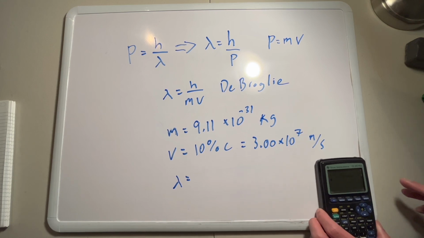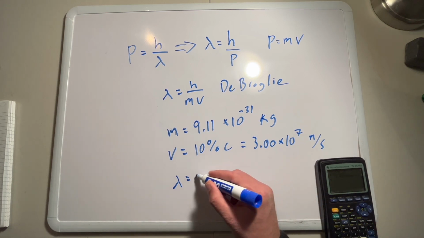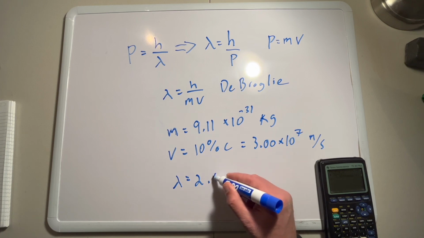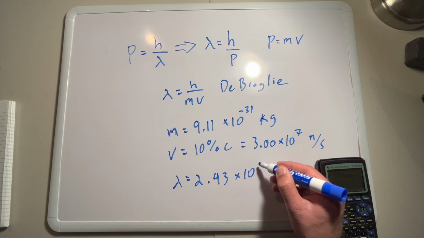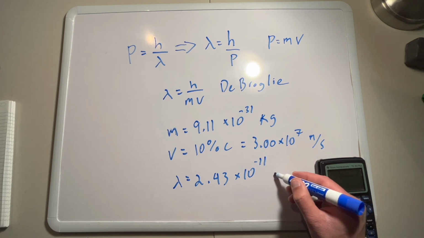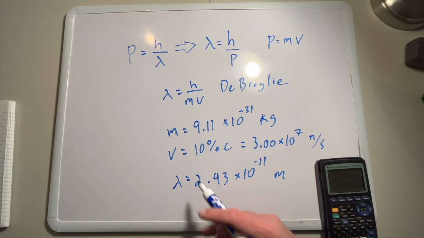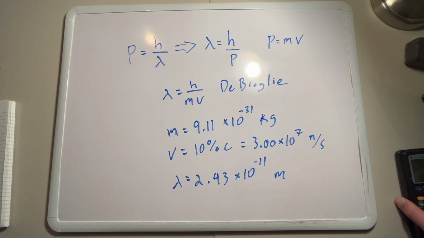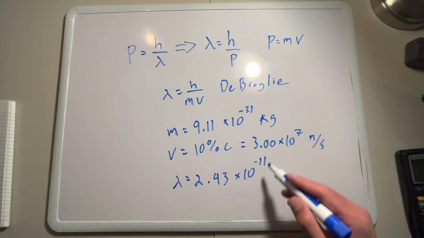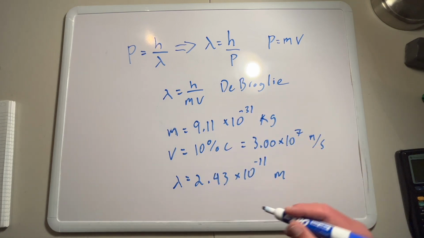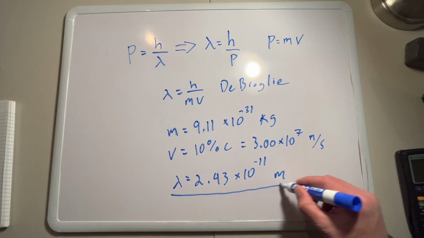Okay, so we get our answer here as 2.43 times 10 to the negative 11 meters. Well, that's still pretty tiny, right? But it's still trillions and trillions of times bigger than what we got for our classical situation.